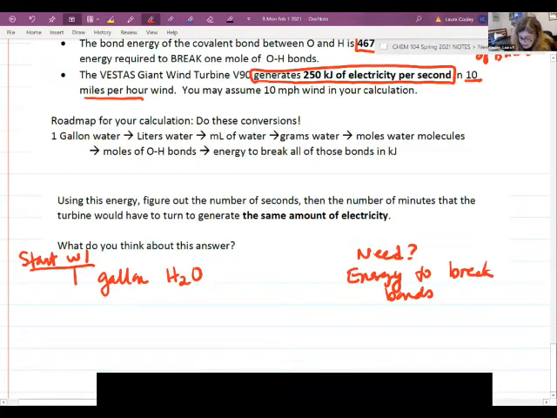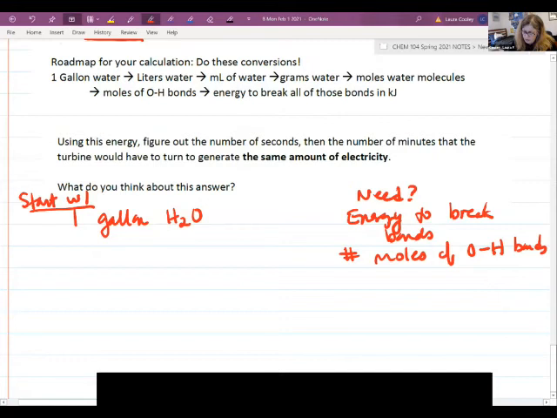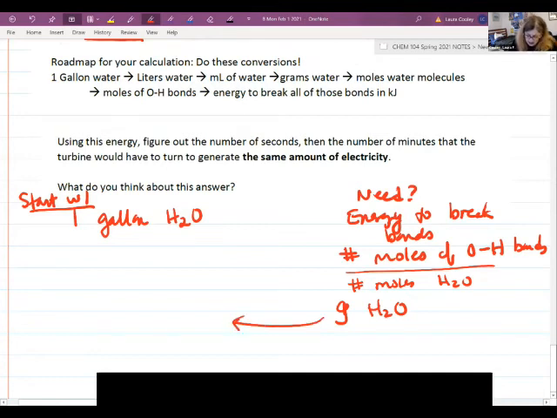So we need the number of moles of OH bonds. That means we need the moles of H2O, which means we need the grams of H2O. And then you can see how I'm going to get to the gallon here.